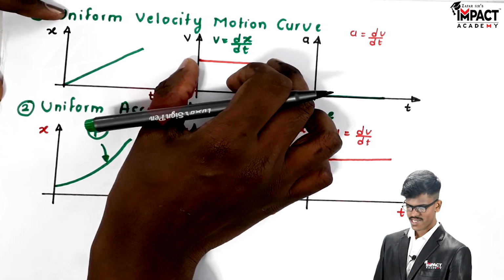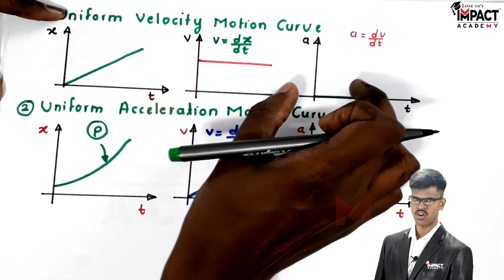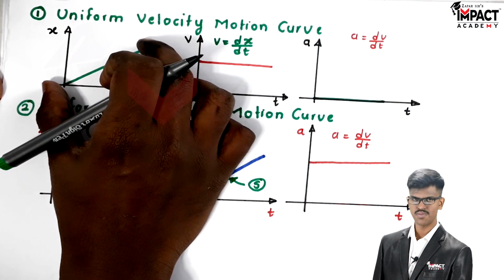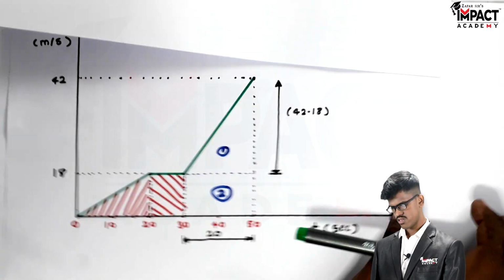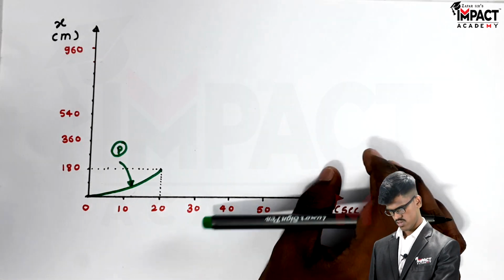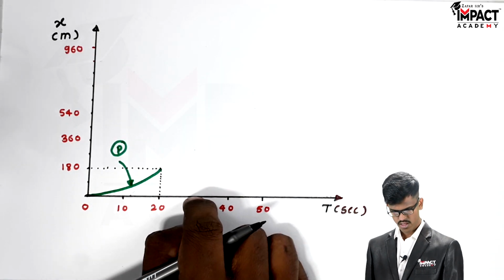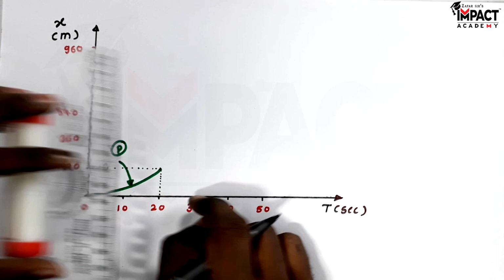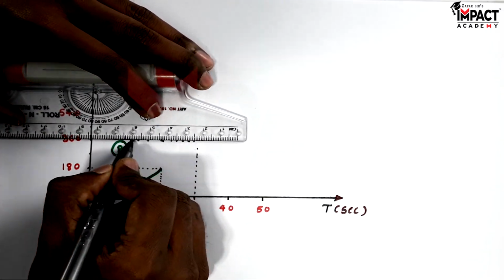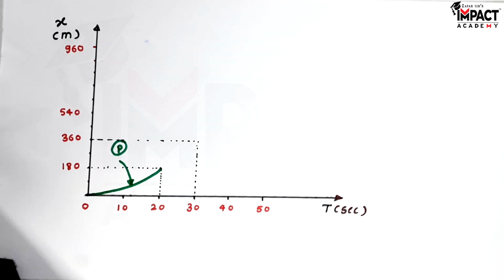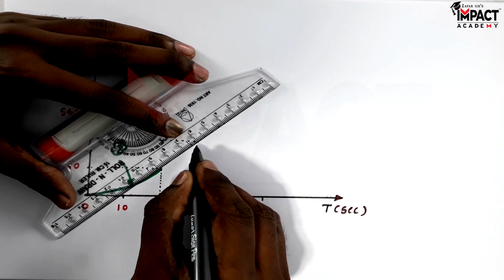If the velocity graph is a horizontal straight line, then the displacement graph will be an inclined straight line. So from 20 to 30, the graph nature is a straight line.